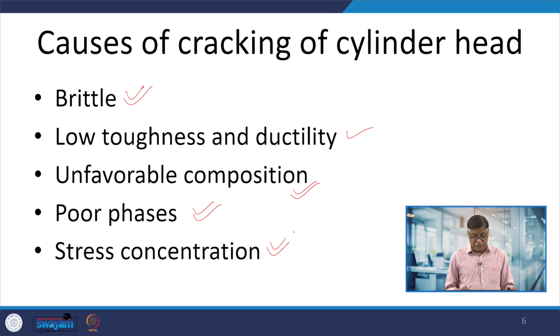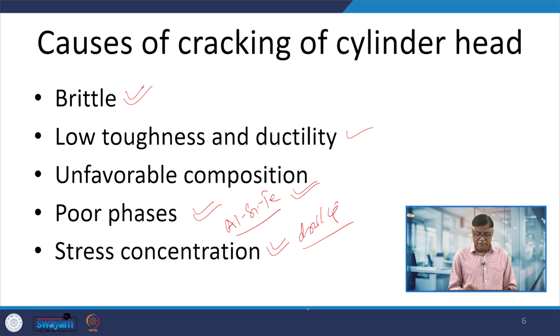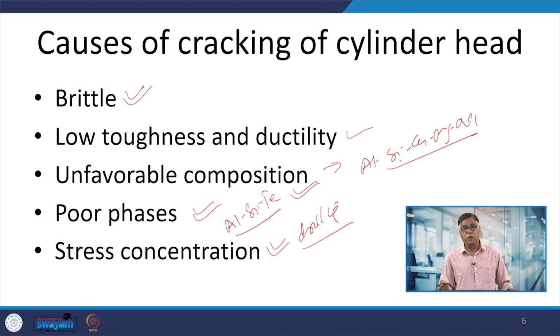If the drilling of the hole is improper, or there are poor phases like aluminum, silicon, iron rich intermetallic compounds which are hard and brittle, or an unfavorable composition, meaning the aluminum, silicon, copper, manganese and nickel which are expected to be there are either on the too higher side or on the lower side, or poor toughness and ductility due to improper or no heat treatment. So, brittleness and very low ductility will promote the cracking under unfavorable conditions.